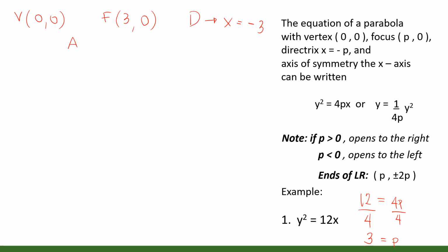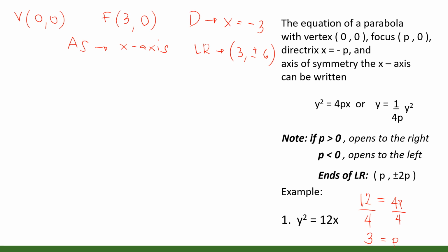Axis of symmetry. What is the axis of symmetry? X-axis. And then the ends of the latus rectum, we have 3, and then plus minus 2p, so 6. So it's 3, plus minus 6.